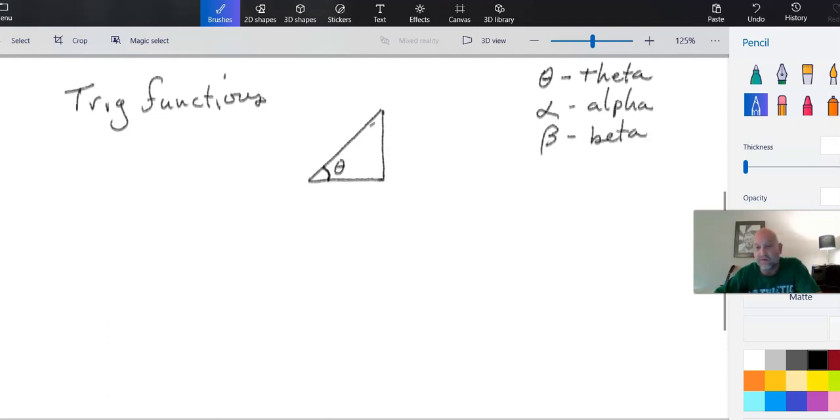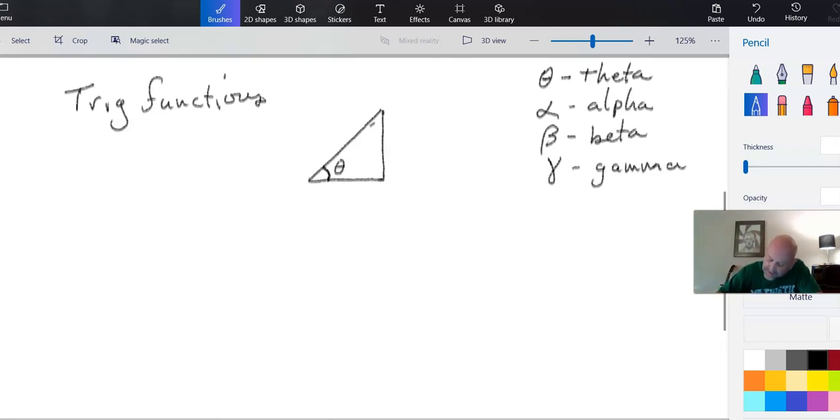In fact, that's where the word alphabet comes from. Alpha, beta. It's like saying ABCs, but in Greek. What else do we see? We see gamma. Those are probably good ones to get us started. But in any case, the angles are typically denoted with a Greek letter.